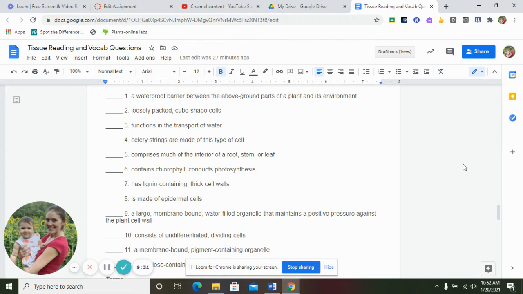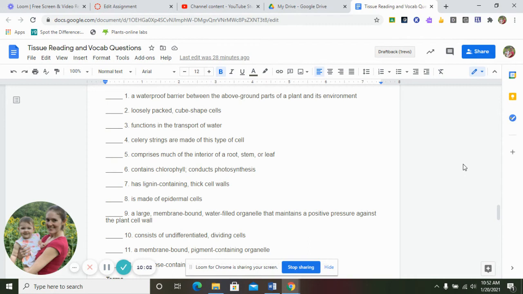Contains chlorophyll, conducts photosynthesis, that is C, the chloroplast. Has lignin-containing thick cell walls. That one will go with G, the dermal tissue. Blank is made up of epidural cells. That's going to be A, the cell wall. A large membrane-bound, water-filled organelle that maintains a positive pressure against the plant cell wall. That one is B, central vacuole. Number 10 consists of undifferentiated dividing cells, that is I, the meristem.